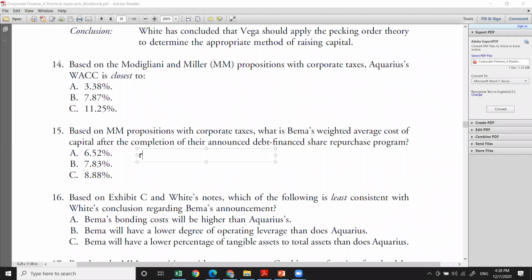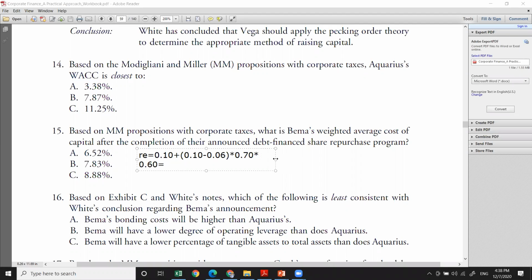So the cost of equity with the consideration of debt financing. Using the formula given in the slide: 0.10 plus 0.10 minus the cost of debt, which is 6%, adjusted to the tax, and times the debt equity ratio, which is given in the announcement, 0.60.